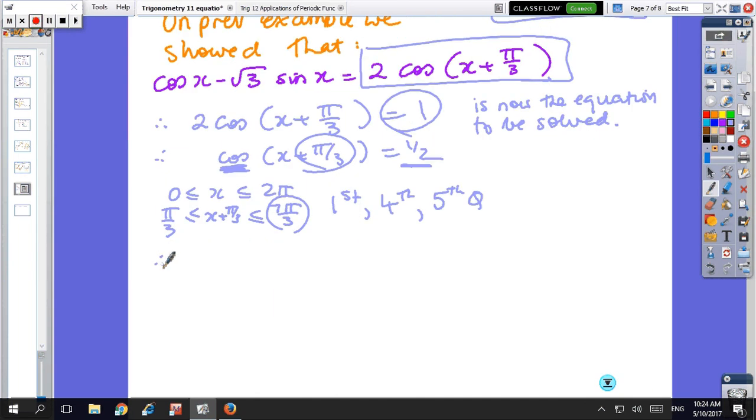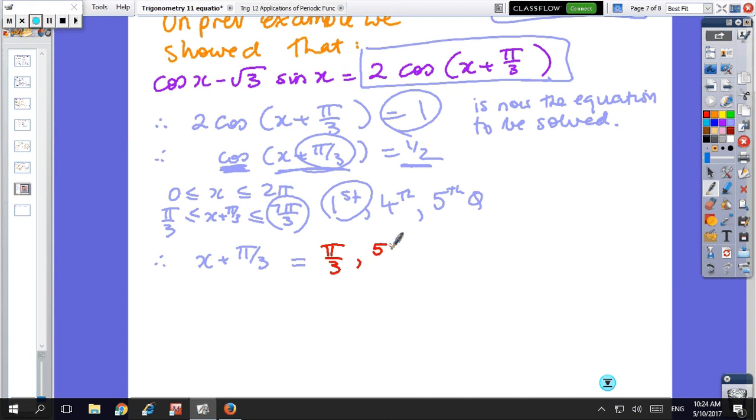So this is the bracket, so we've got x plus pi on 3. In the first quadrant, for a half, just checking my notes, we end up with pi on 3.